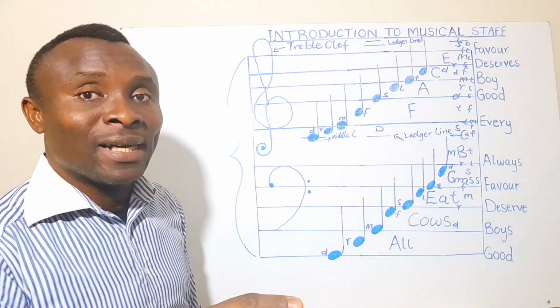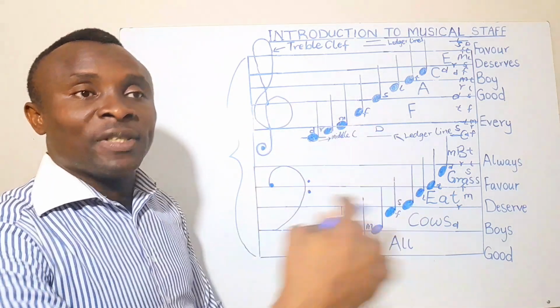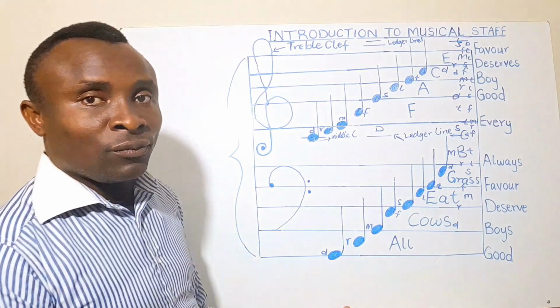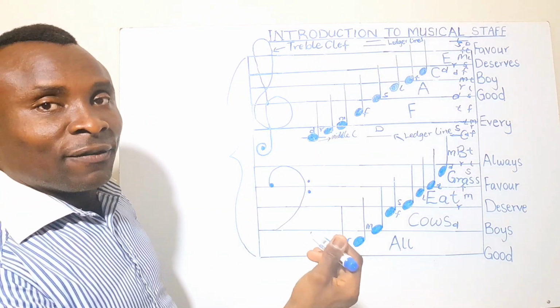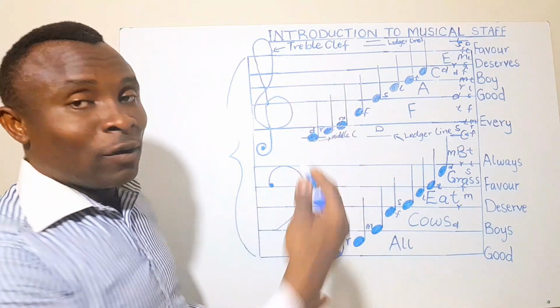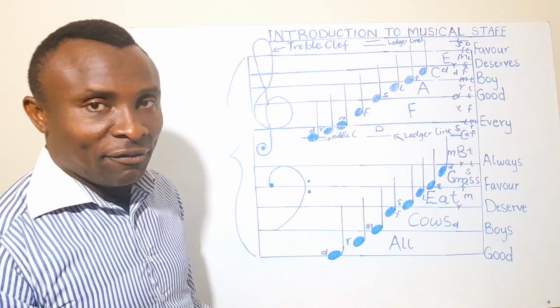So in a musical sheet, that's how it appears, with the treble, soprano, alto, and tenor on the treble clef, while the bass appears on the bass clef.